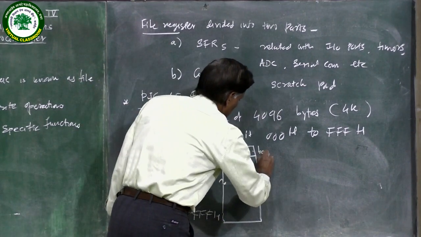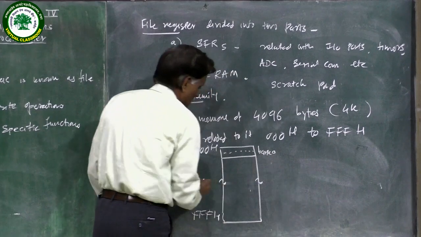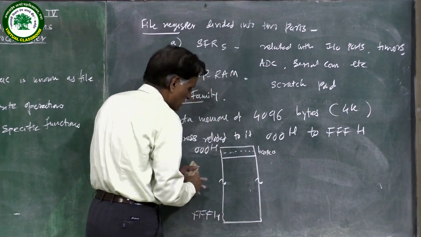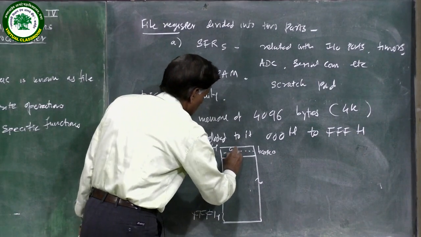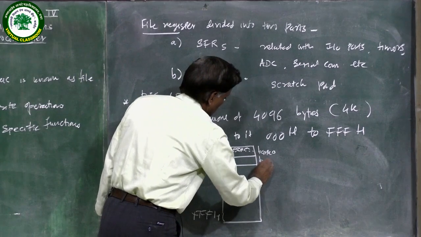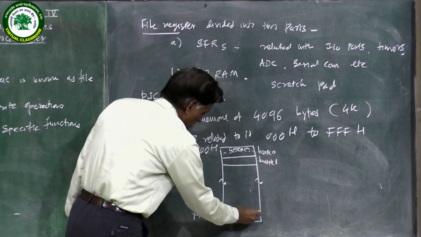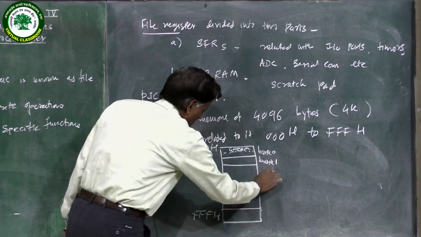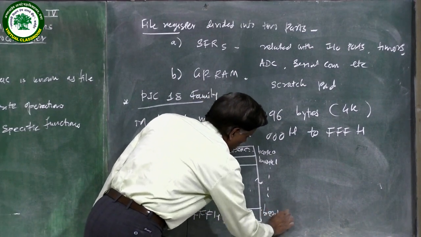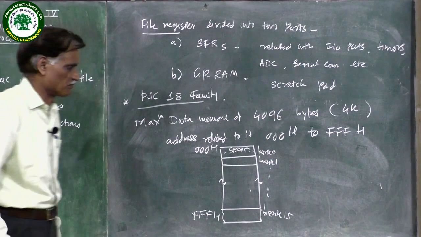Here this is bank number 0, and bank number 1 is related with GPRAM, half part of that. In this way, there are totally 16 banks, bank number 0 to 15.